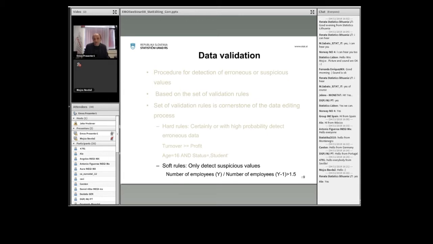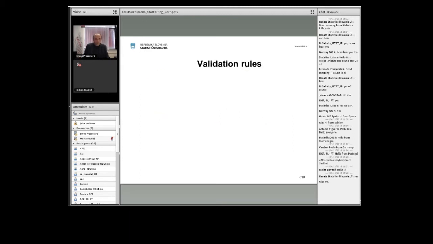But it's not necessarily an error. It's of course because something happened to the enterprise. Okay, so we have hard rules and soft rules in the data validation rules.